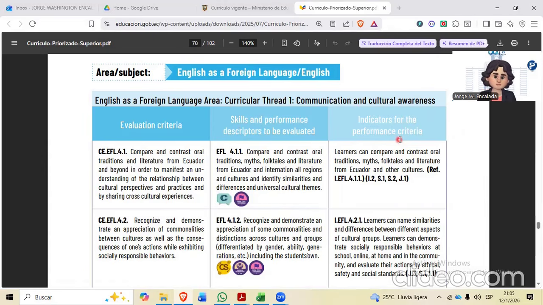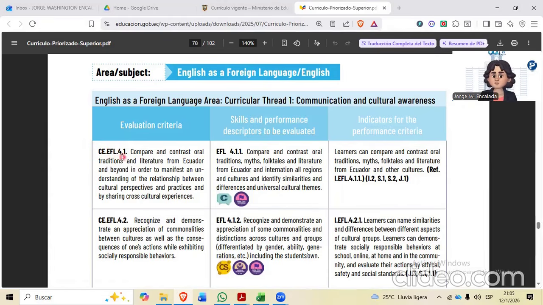This is really, really specific, as I mentioned. And with that, let's analyze the codes. For the evaluation criteria, we have the CE for evaluation criteria. EFL stands for English as a foreign language.